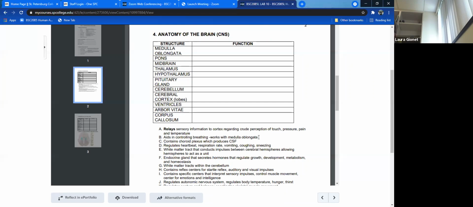E, white matter tracts that conduct impulses between the cerebral hemispheres, allowing them to function as a unit, or allows interhemispheric communication. Right. That's E. That goes with the corpus callosum. F, the endocrine gland that secretes hormones that regulate growth, development, metabolism, and homeostasis. Well, there's only one gland listed there, so F goes with your pituitary gland.